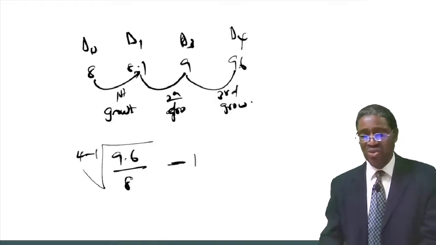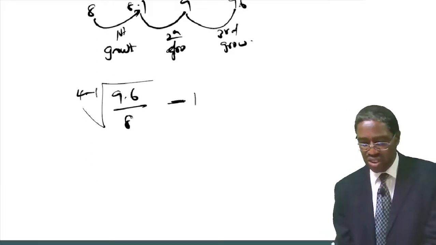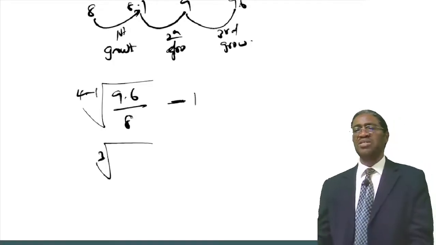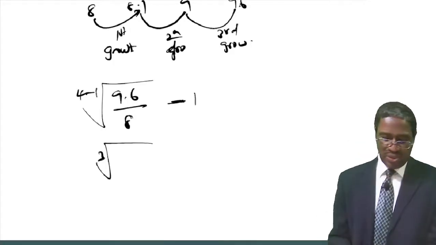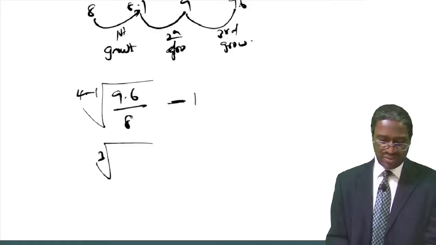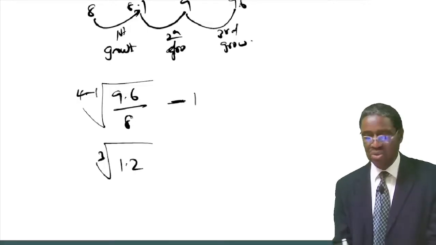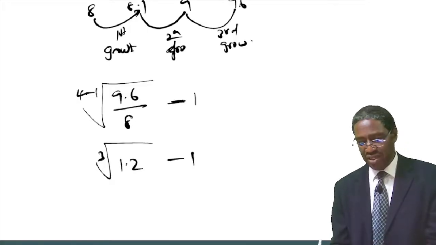Let me do that as a simple illustration. This is the third root of 9.6 divided by 8. If I divide that by 8, I get 1.2. Then I minus 1.